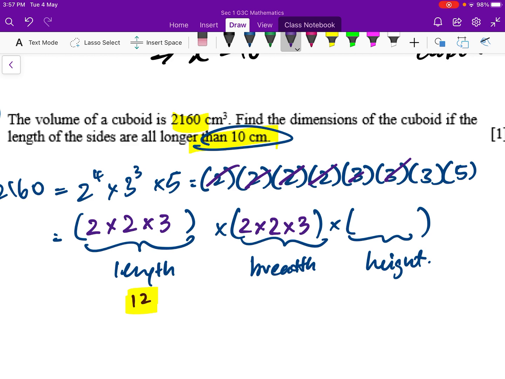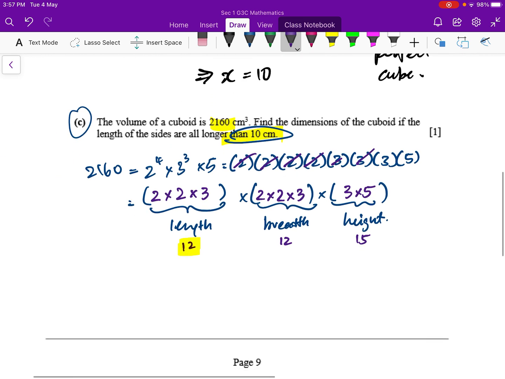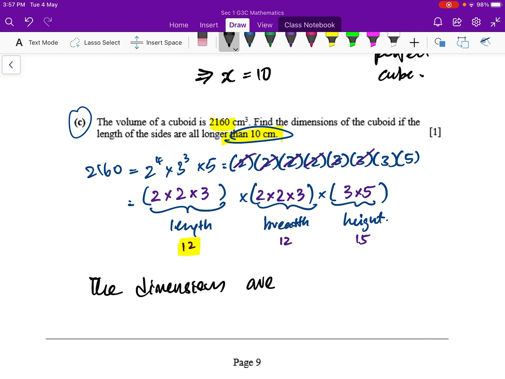We've used up 2 of the 3s, leaving us with 3 times 5. So this trial and error process can be made faster with some mental work. Okay, so now we have the 3 different dimensions already, and they are 12 cm, 12 cm, and 15 cm.